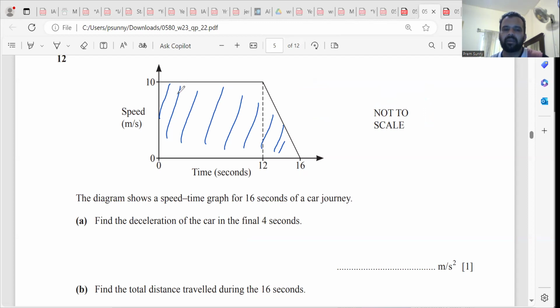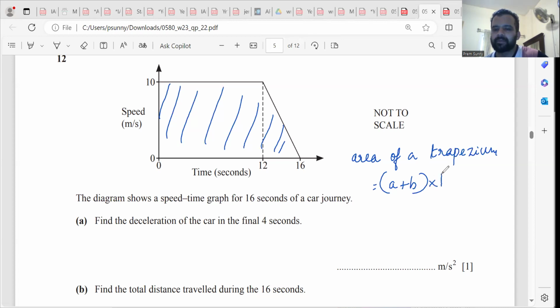The area of a trapezium is A plus B times H divided by 2, where A and B are the parallel sides. Here this is 12, and the whole thing is 16. So the parallel sides are 12 and 16, and H is the distance between those two parallel sides, this height, which is 10.